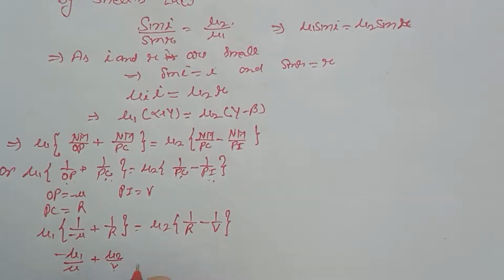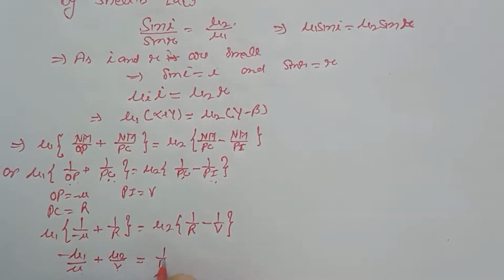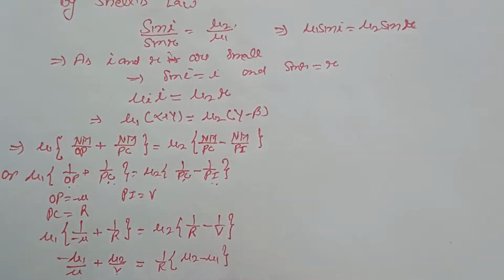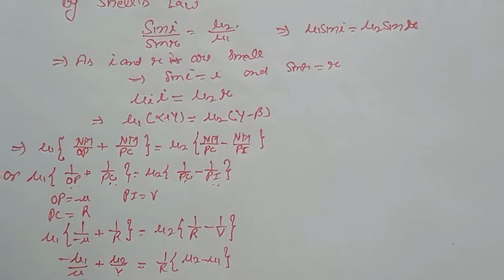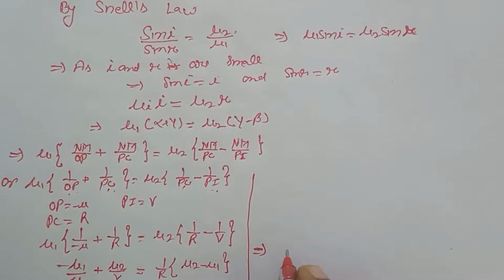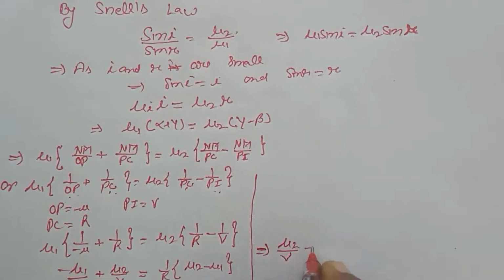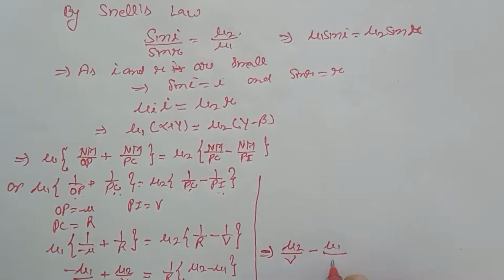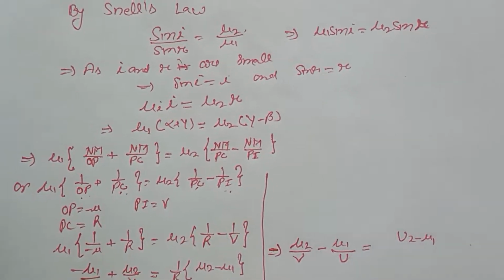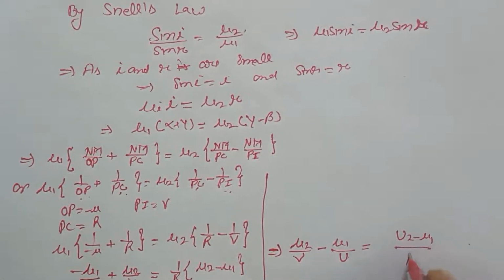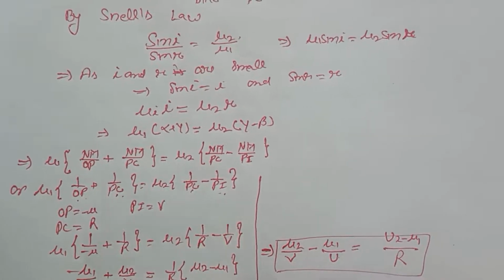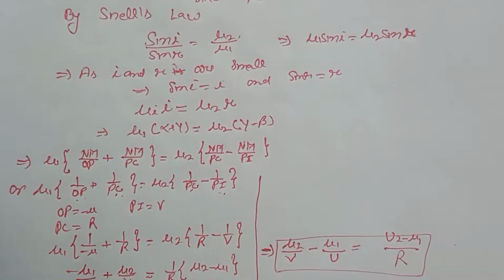Taking 1 divided by R common, mu2 divided by v minus mu1 divided by u equals mu2 minus mu1 divided by R. This is the expression which we require for this topic.